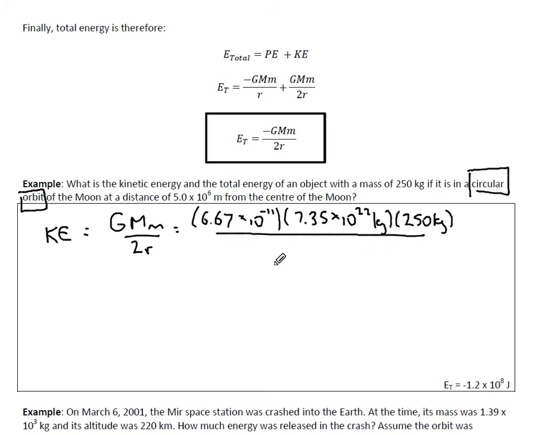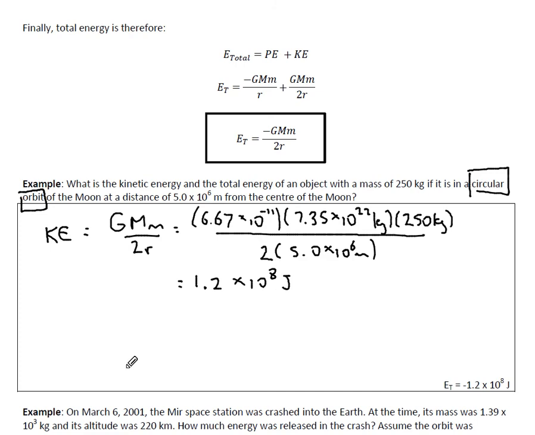That's divided by 2 multiplied by the distance, 5.0 times 10 to the 6 meters. It's always the distance from the centers of the two objects. So you get a value of 1.2 times 10 to the 8 joules.